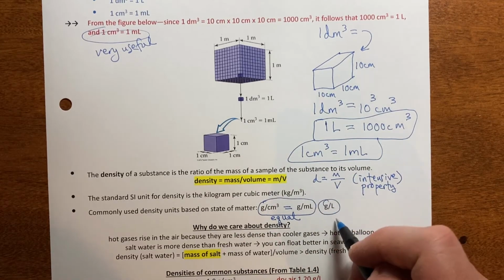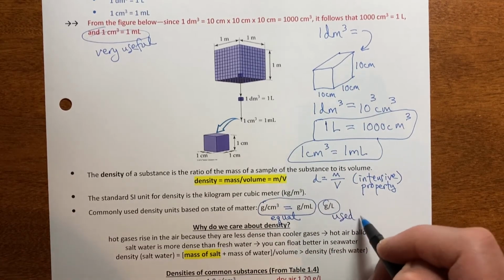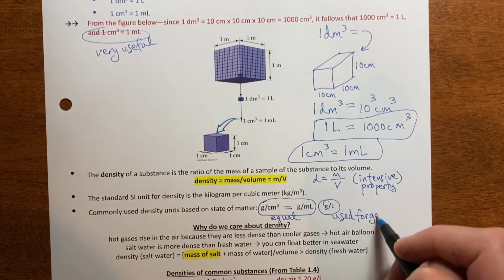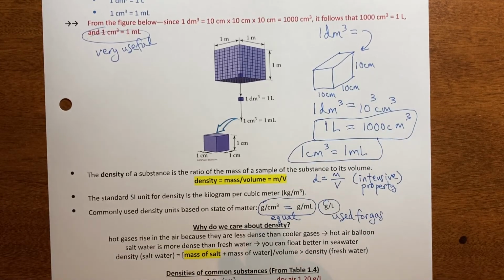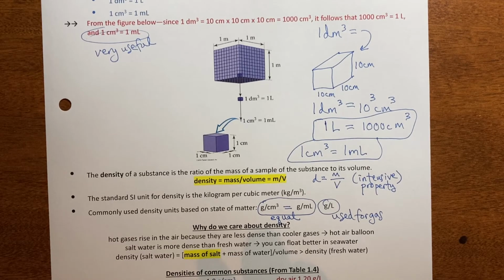Grams per liter is used for gases. When we're expressing the density of a gas like air or carbon dioxide, that's useful to use grams per liter. The reason is because gases are very light, so you need a larger volume, like a liter, to get enough grams to make the unit look like it's a number between 1 and 10.